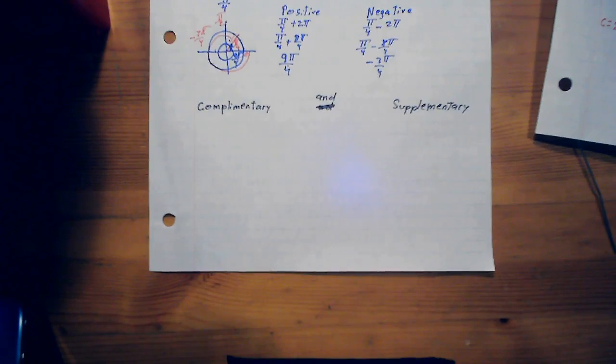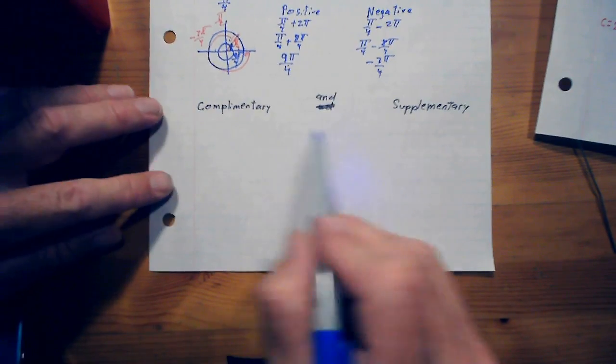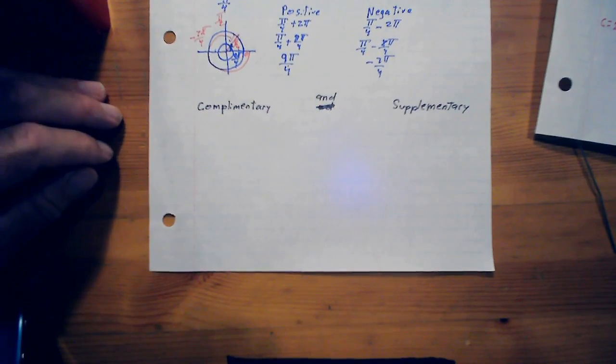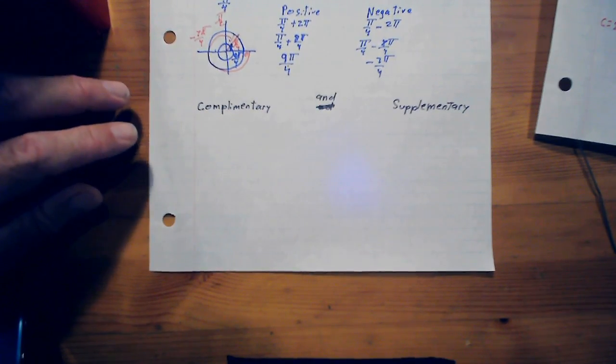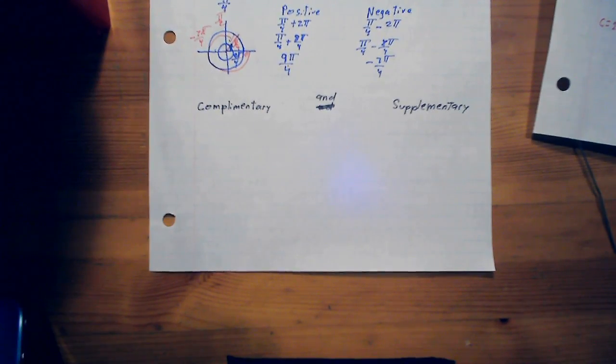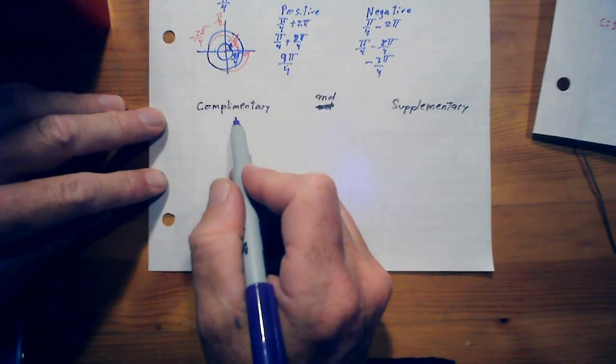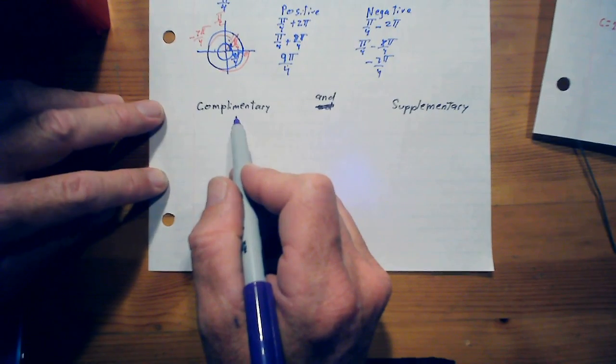angles. So we're going to end with complementary and supplementary angles and a quick definition of these. Now, you may recall from geometry that complementary angles are angles that add up to 90 degrees, but we're dealing with radians here.